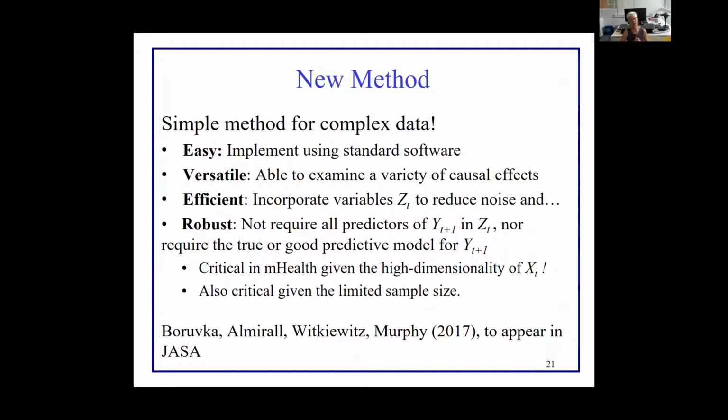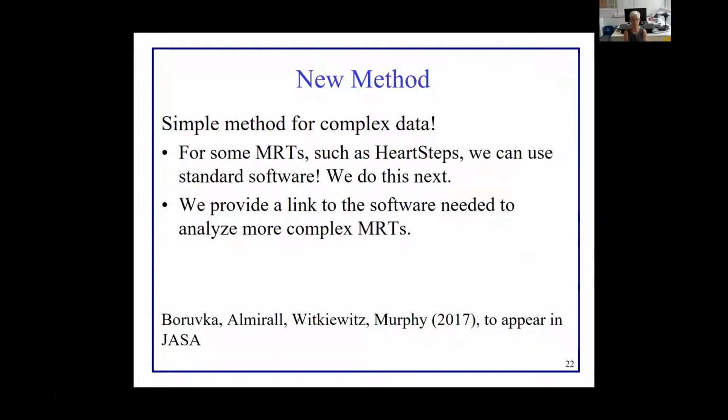There's a paper, I'll give you a reference here. Actually, if you go to the Journal of the American Statistical Association, it's online. They put this online before it appears in print. We're really fortunate because HeartSteps really helps me explain this analysis approach, because in HeartSteps, all the randomization probabilities are constant. They're equal to 0.6.